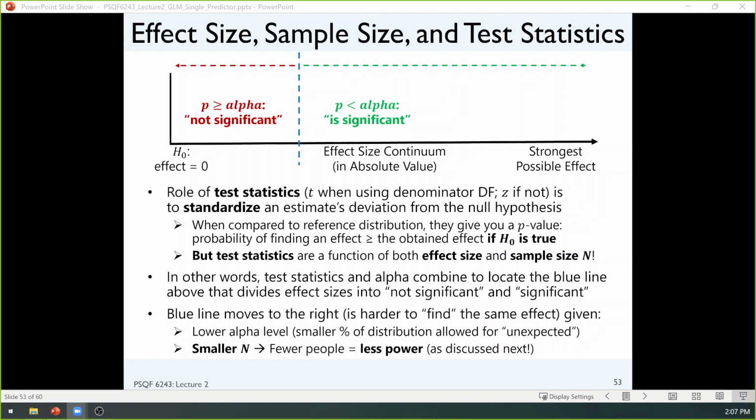And just because it would happen less than alpha, less than 5% of the time, that puts it into unexpected, puts it into reject the null hypothesis, puts it into significant. We don't have a sense of how big the relationship is just because it's significant. So effect size helps to convey just how large the effect is, not just whether it's significant. And it is independent of sample size.